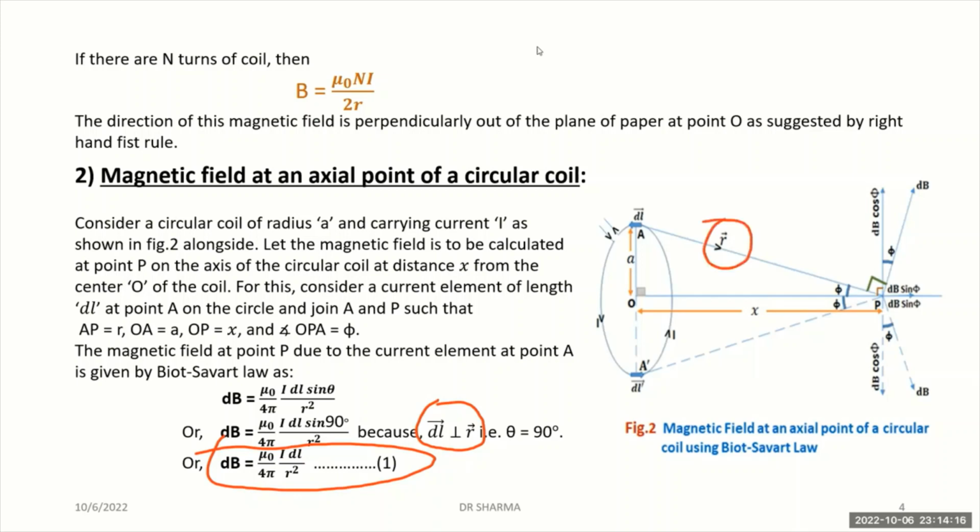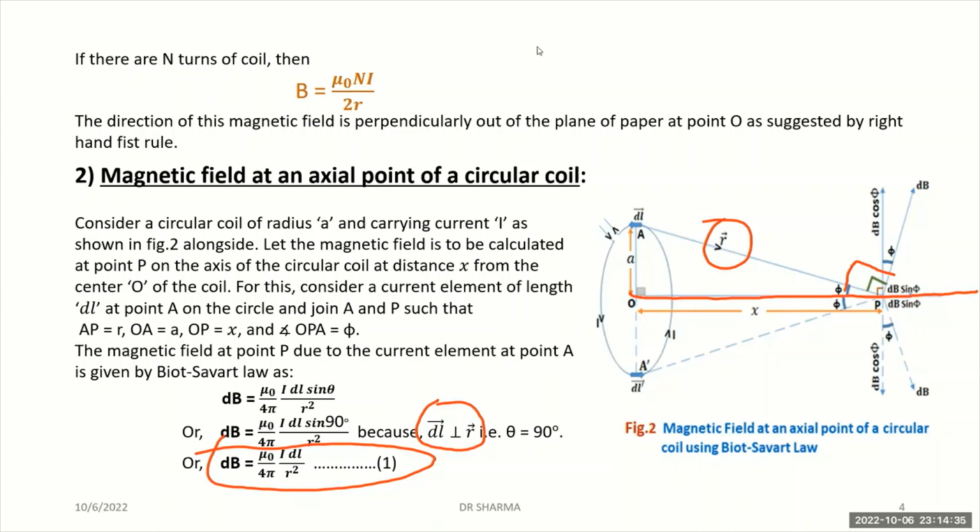So dB is directed perpendicular to this r vector, but it is slanted with the axis of the coil.